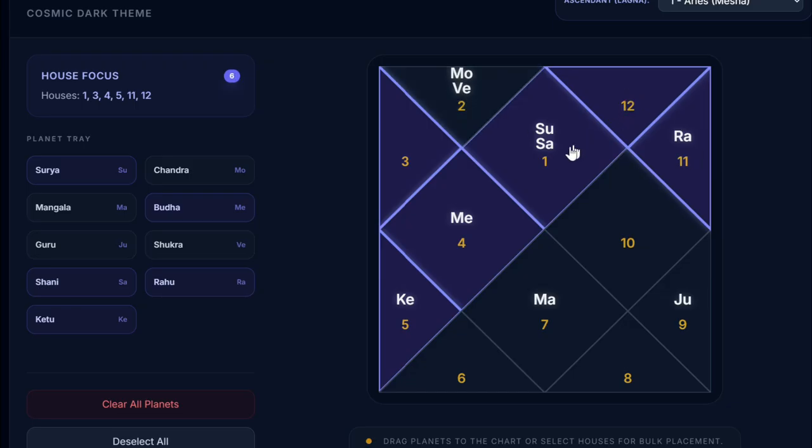Three houses to this side, three houses to that side, that becomes a temporal friend. And the rest of the houses, even the same house itself, become a temporal enemy. So planets sitting nearer to me are my temporal friends, planets sitting very far away and just with me are my enemies.